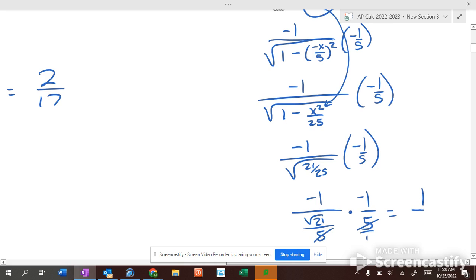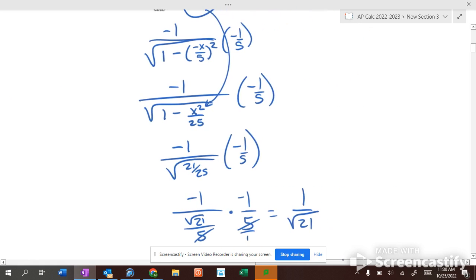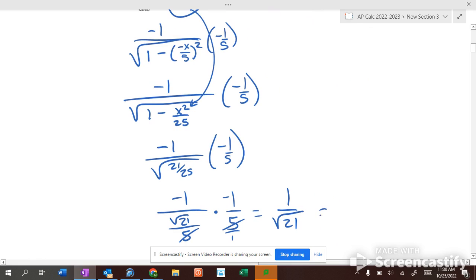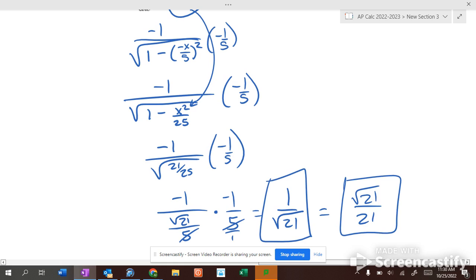So I get a positive 1 over the square root of 21. And in Khan Academy, you don't have to rationalize the denominator. If you did, they'll still count it right. So that's what I would say as an answer. Khan Academy lets you have this as an answer as well. Okay? So that's inverse trig functions. Can you handle that? Just plug them into the formula and work through the numbers.